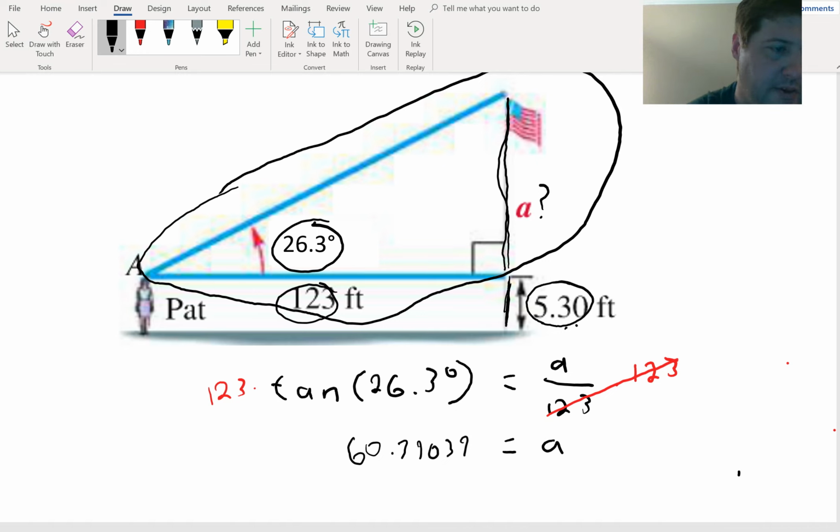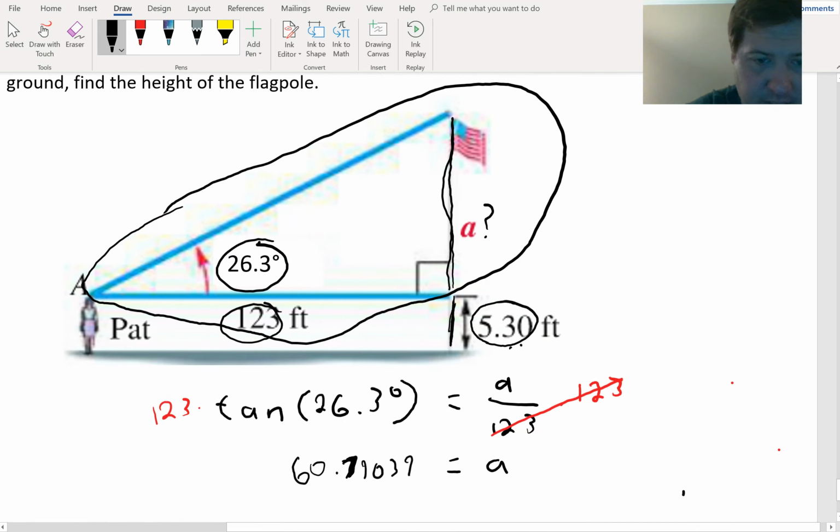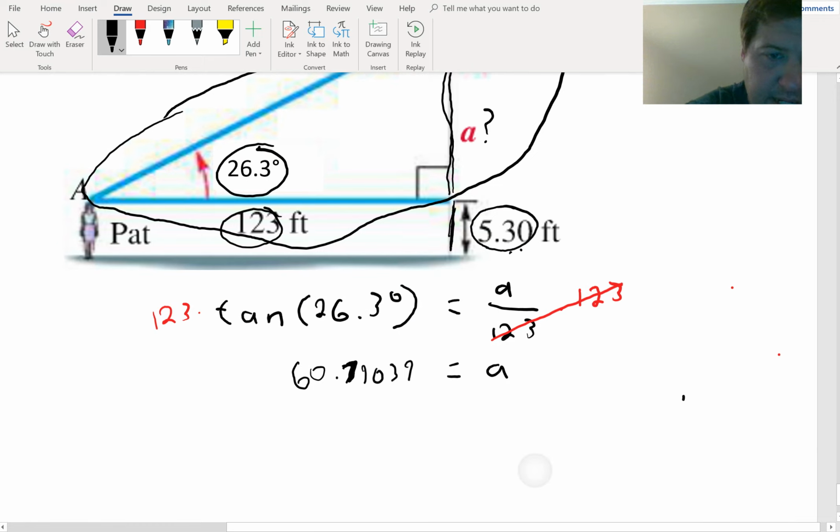So let's see, that would be the 60.7. That's our 3 digits. We're counting the 6. We're counting this 0 because it's between 2 other digits, the 6 and the 7. And the 9 tells us we have to round up that 7 to an 8. So our length A, or our height A, is 60.8.